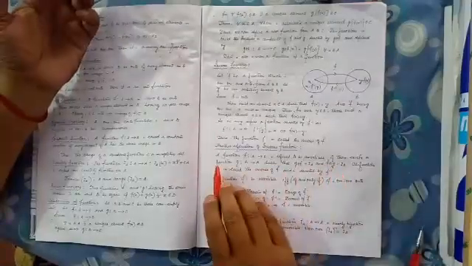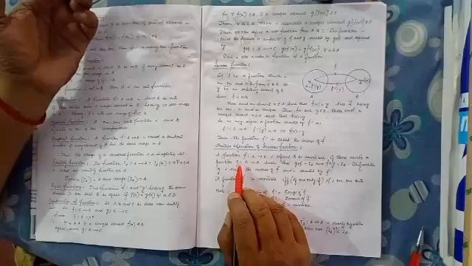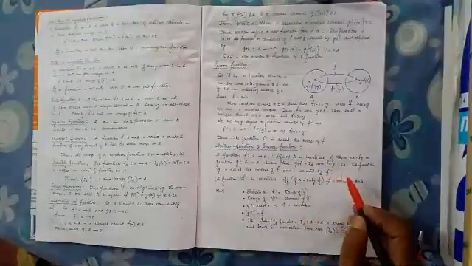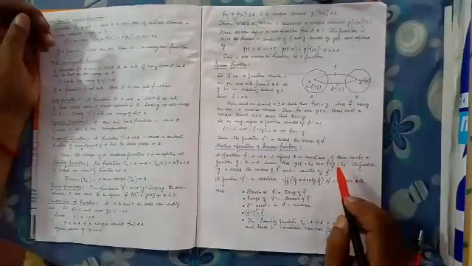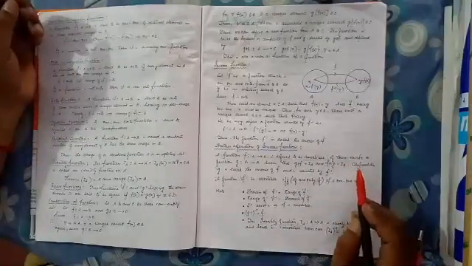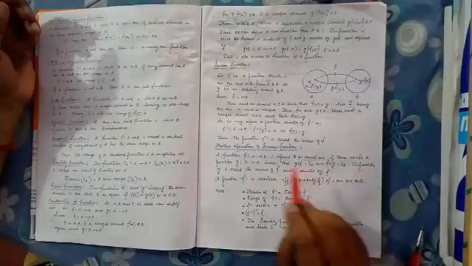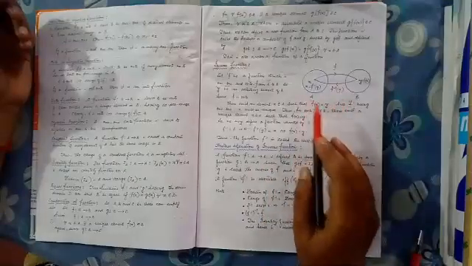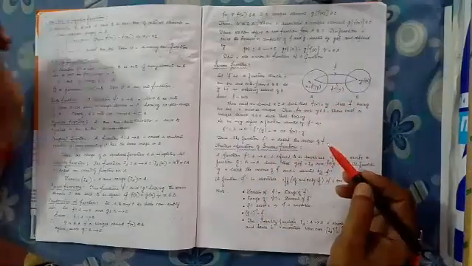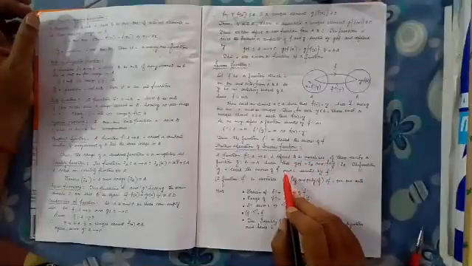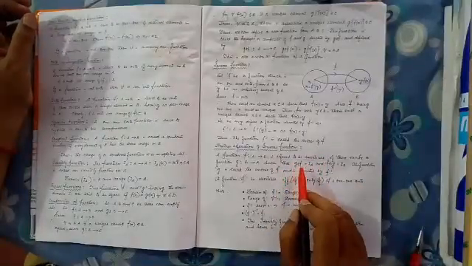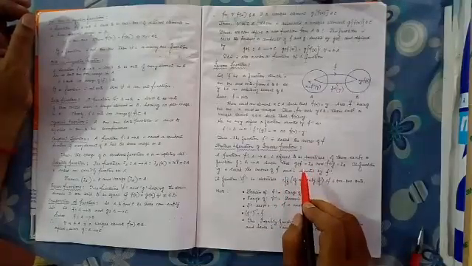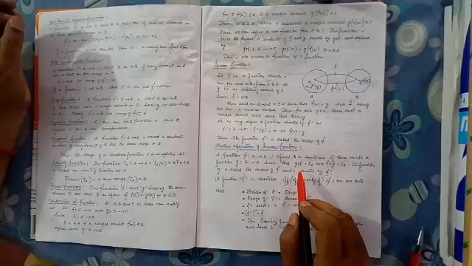Okay, whatever may be, a function f from A to B is defined to be invertible, means both 1-1 and onto, if there exists a function g which establishes a relation from B to A. So g is a function from B to A and f is a function from A to B, such that g of f is equal to I_A.